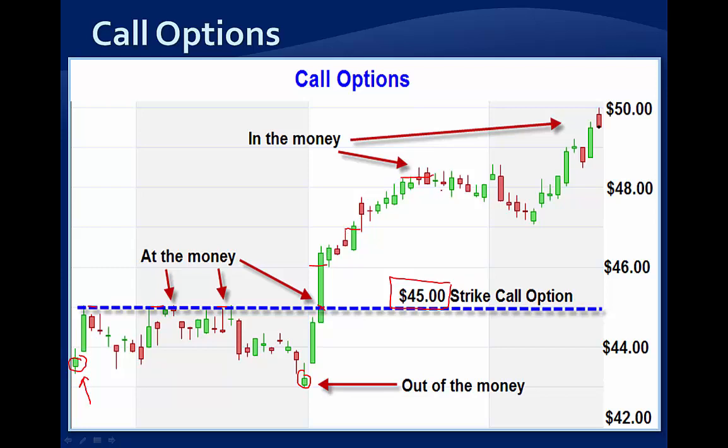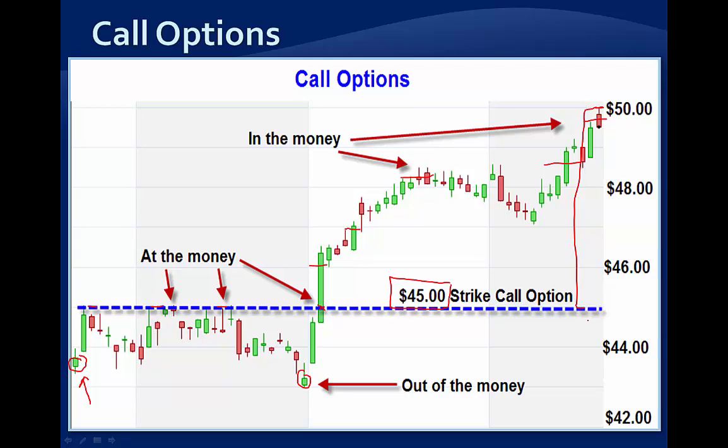And the higher the stock price goes, the more that call option gains. And when it's up here at 50 and the stock's trading at 50, how far is your 45 strike call in the money? It's in the money by $5, and it would be trading for at least $5 plus any time value. Okay, so a call could be out of the money, then move in the money.